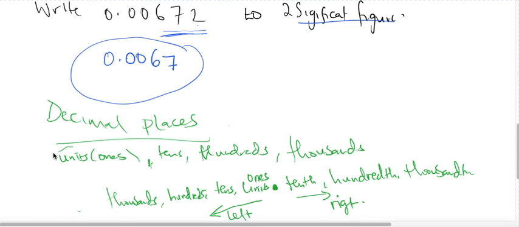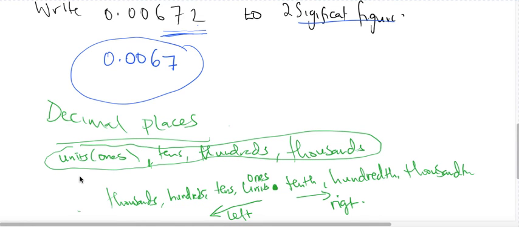Basically, in simple terms, there are ones, tens, hundreds, thousands. So if a number has a dot, this is the arrangement. Before the dot you read from right to left, and on the right hand side, you start from tenth and you continue.